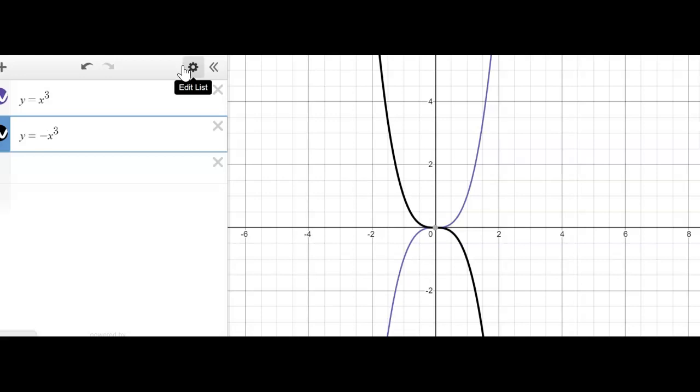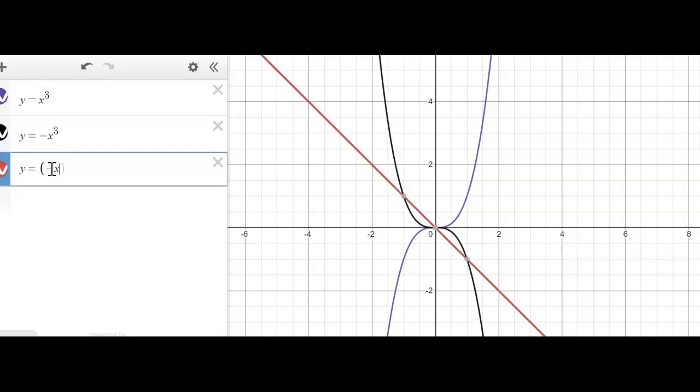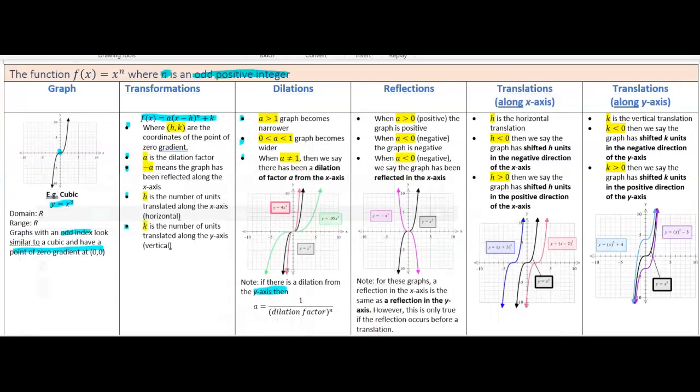Because reflecting it along the x-axis is the same as if you were reflecting it along the y-axis. And the reason for that is because we're cubing it. All right, so I could write that negative inside, close my bracket, to the power of 3, there it is. So you can see the black and the red line are the same. So the reflection is the same for the x-axis and the y-axis.